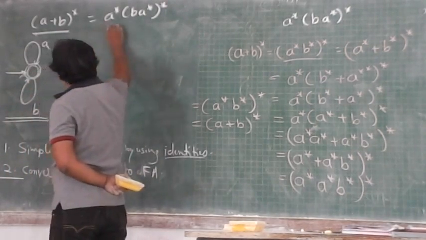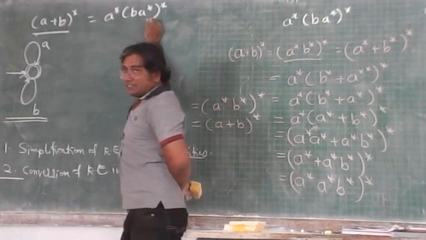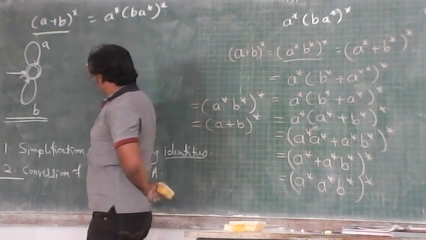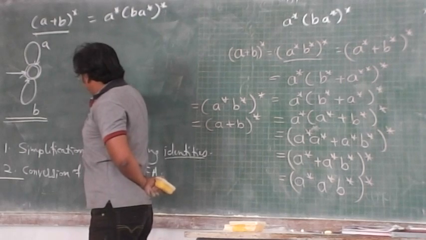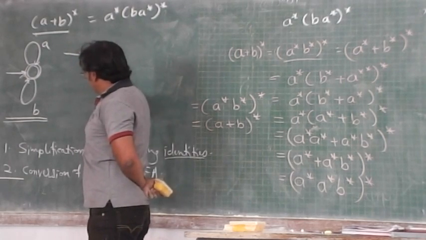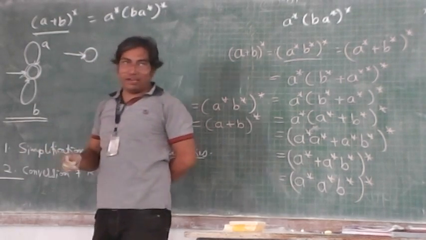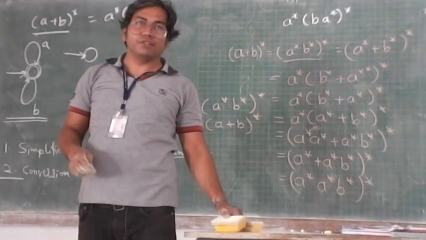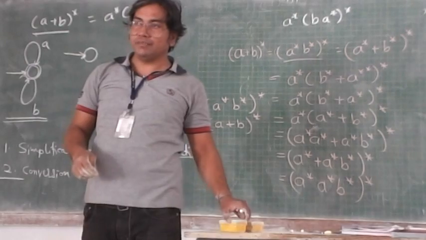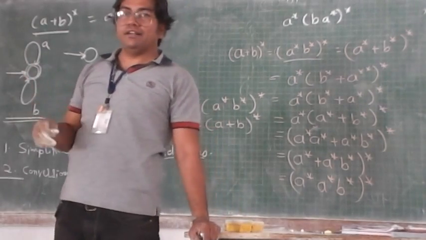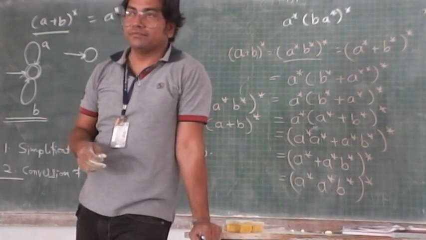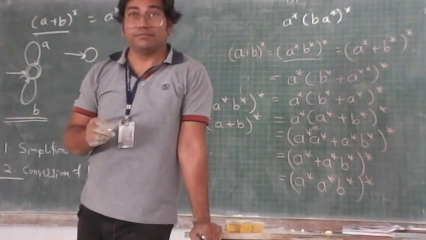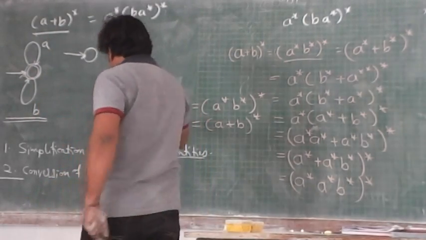Let us go for having the finite automata for this regular expression. We know Kleene's theorem, which we already studied and proved, and we discussed that Kleene's theorem can be applied to a regular expression to represent it as a finite automata. Okay? So there is another method.